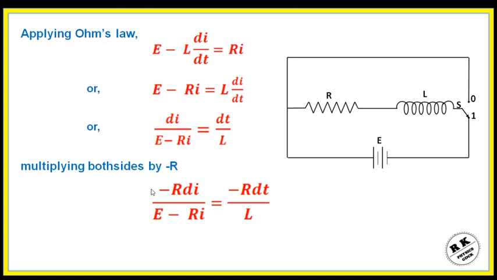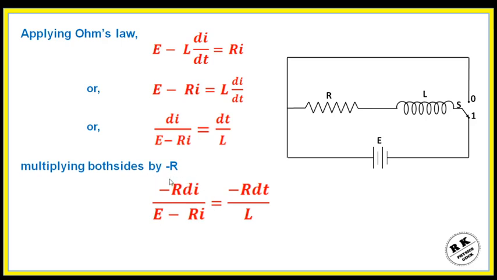Now if we observe this LHS, let us assume that this denominator E minus Ri is some x. Its differential value will be, as E is constant, minus R dI. So if this denominator is considered as x, the numerator becomes dx.